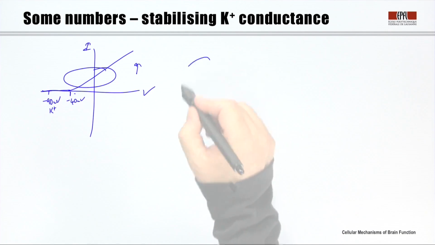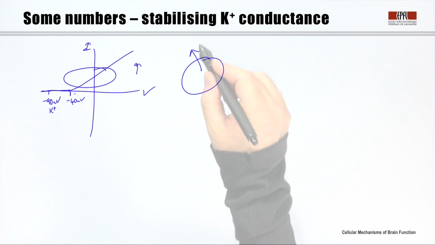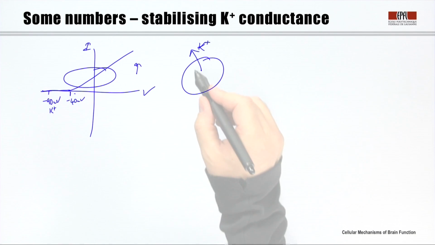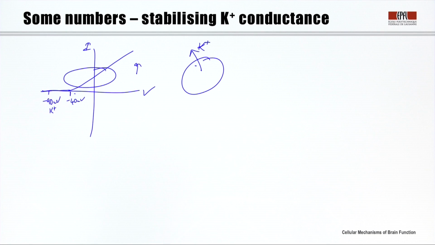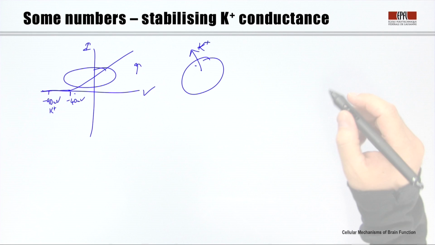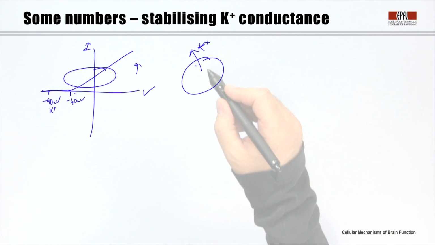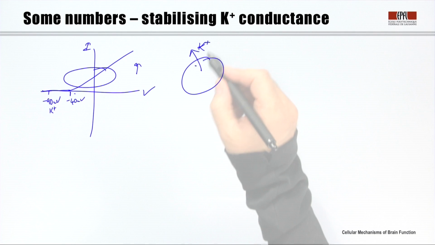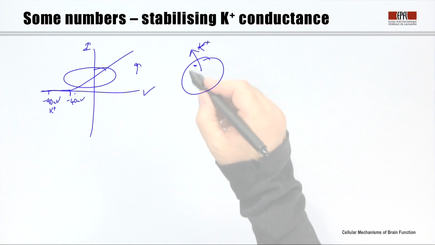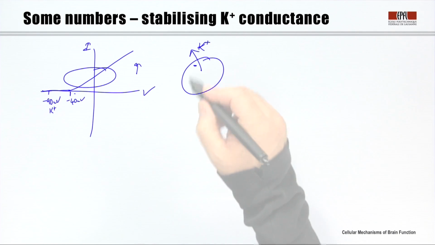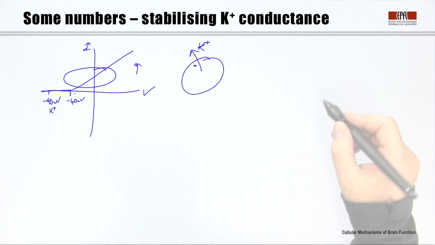Potassium will then always want to leave a cell and will then always make things more negative inside the cell. So in contrast to what we saw with the sodium conductance, where we had the positive explosive feedback, here, as we depolarize the cell, we increase the potassium conductance, but that makes it more negative on the inside and will then be a stabilizing influence.